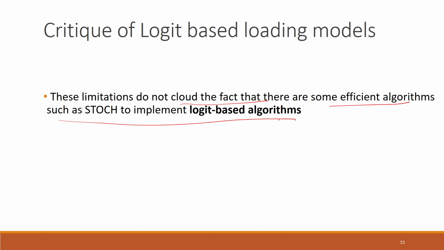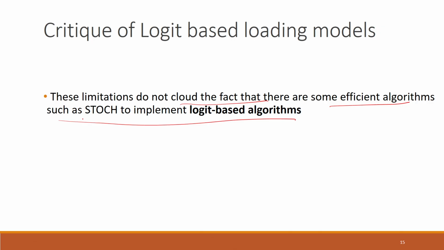Although we do not have time to cover these algorithms here, there are some algorithms which can actually mimic this Logit distribution. Although we have seen that we can determine the choice probabilities of different routes using that expression, remember that when we use that expression, we need to enumerate all of the paths, because the probability of choosing the first path is equal to e to the power of the measured utility of the first path divided by the sum across all the paths of e to the power of the measured utility of that given path.